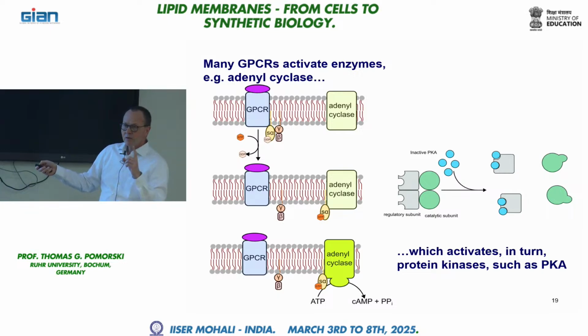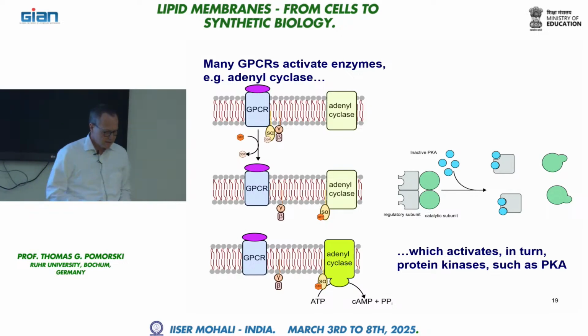But there's one interesting thing. You see that basically the activation of the regulatory subunits requires the binding of 4 cyclic AMP. What does that mean?